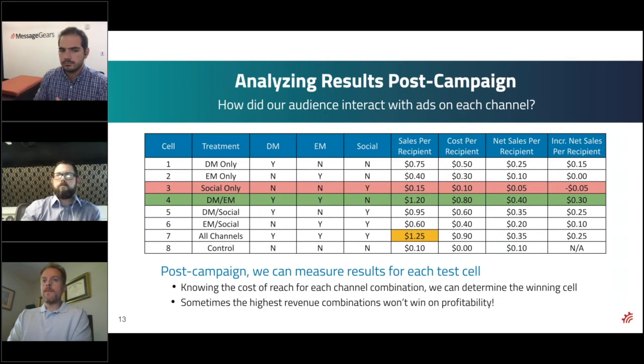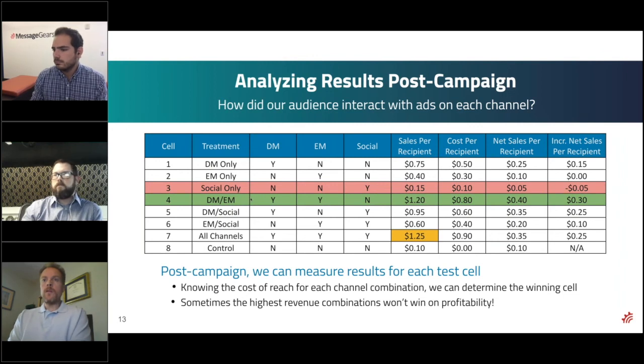Only one of the test cells, social only, although it drove sales per recipient above control, didn't sufficiently outperform the control to offset the cost of reach, so it ended up slightly negative on that bottom line metric. It's also interesting to note, and this happens sometimes, that in cell 7, where we had all channels working in combination, we got the highest sales per recipient of $1.25.